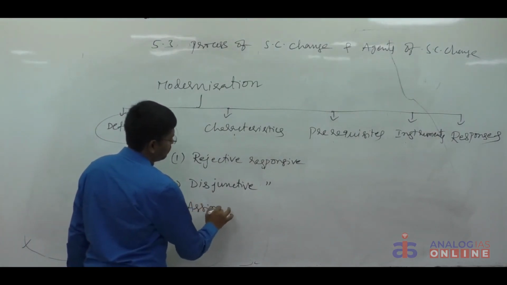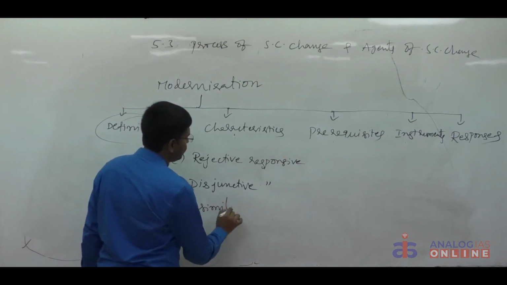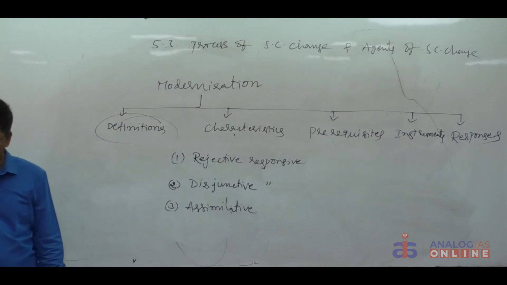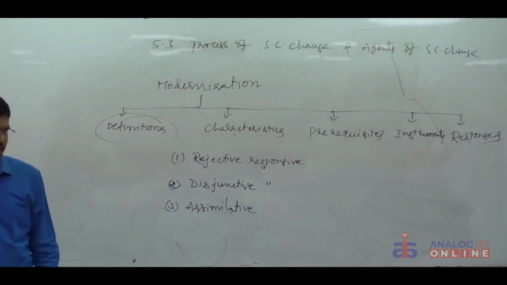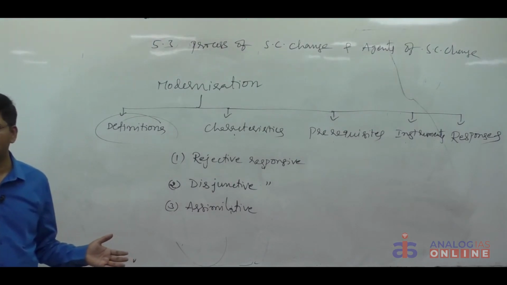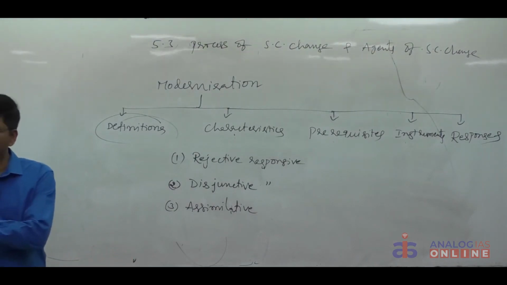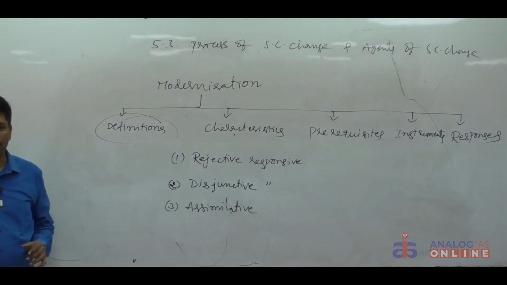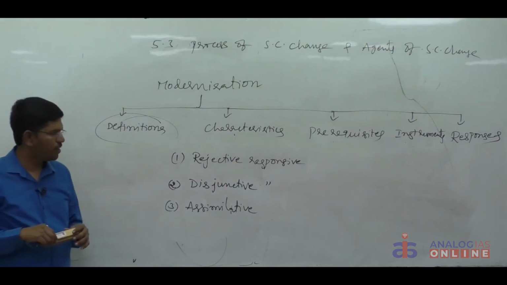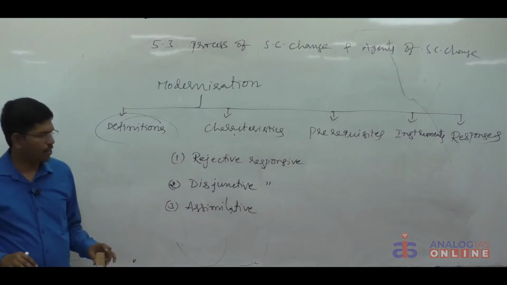Assimilative response. See, if you go to many of the Indian villages, we can come across practice of agriculture by tractors by some large farmers, practice of agriculture by using bulls by the small farmers. But if you go to some modernized areas, especially Punjab, we can come across only modern equipment.